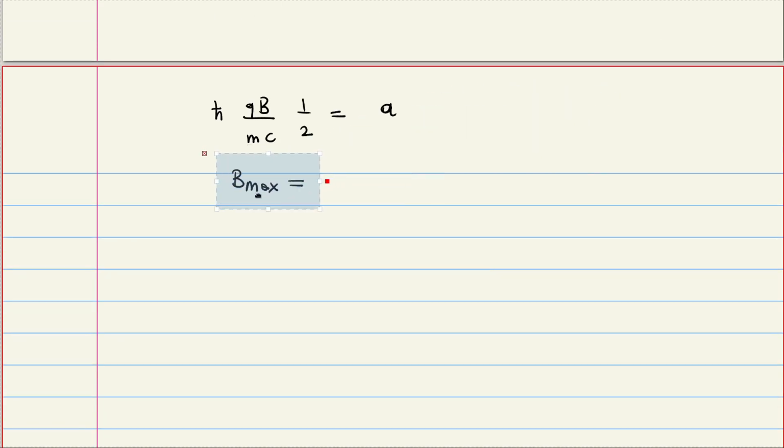B max from this equation is going to be defined as HC2, the second critical field, and it is going to be 2mc over h bar q times A.